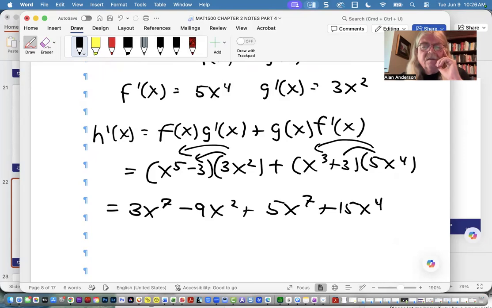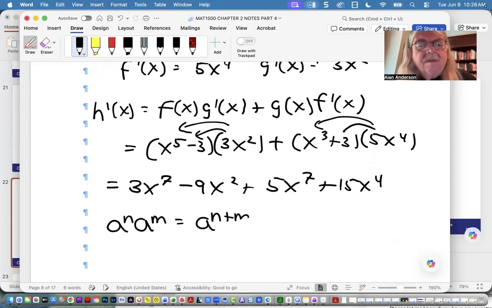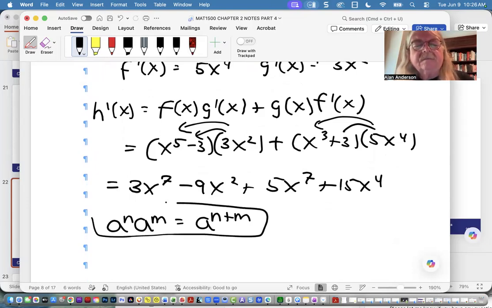And don't forget, by the way, if you're getting a little rusty, this is the product rule for exponentials. So the reason why x to the fifth times 3x squared is 3x to the seventh is because I've simply added the 5 and the 2. You can do this as long as you have the same base.